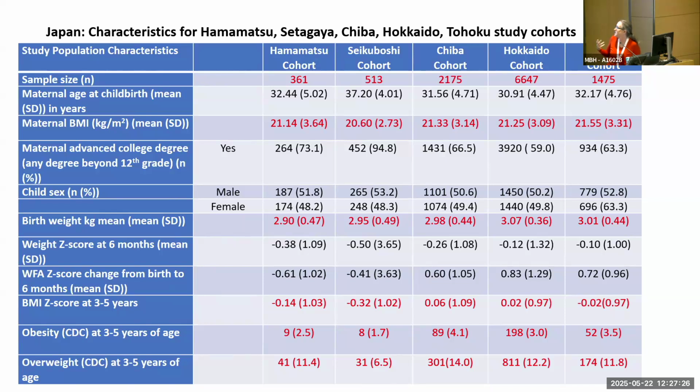So that's why it says age 3 to 5. But you can see that it's between 1.7 and 4% obesity, so very different from what we see in the United States. And then the overweight is higher, but still only really between 6% and 11 or 12%.